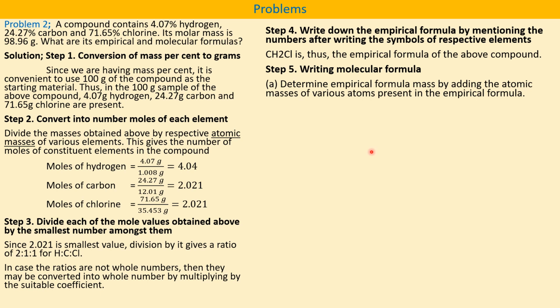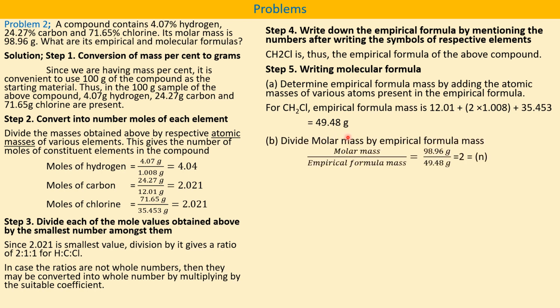For CH2Cl, the empirical formula mass is 12.01 plus 2 into 1.008 plus 35.453. This is for carbon, 2 atoms of hydrogen, plus the mass of chlorine. If we add that, we will get 49.48 grams. That is the empirical formula mass.